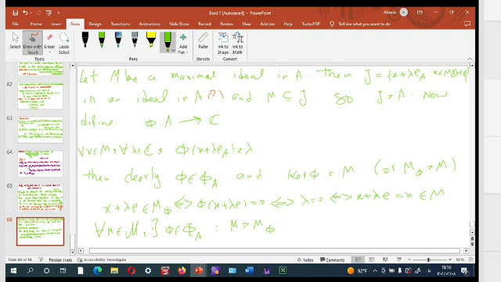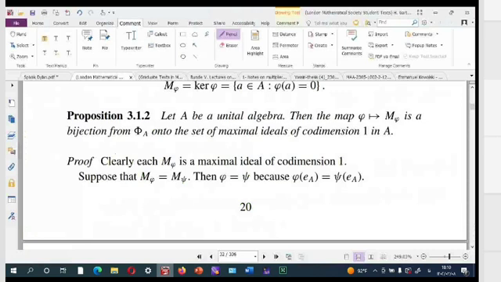So this is an onto function, and also if M_φ equals M_ψ, then φ must be equal to ψ, because in this case φ(e_A) must be equal to ψ(e_A). So this map is one to one.